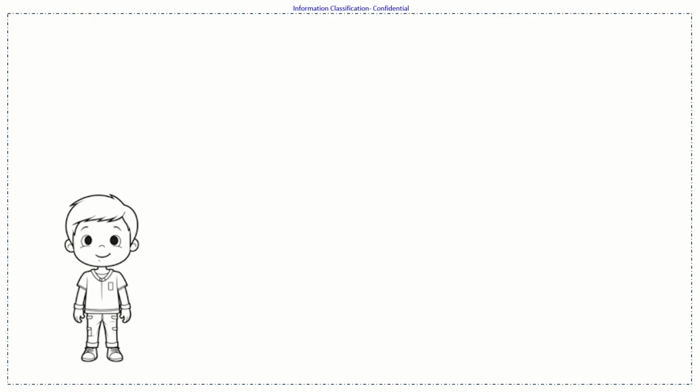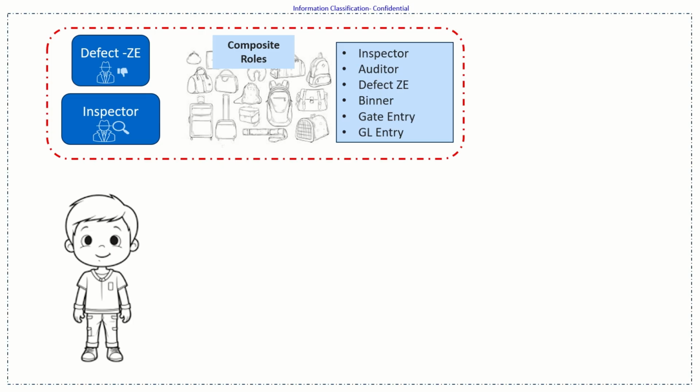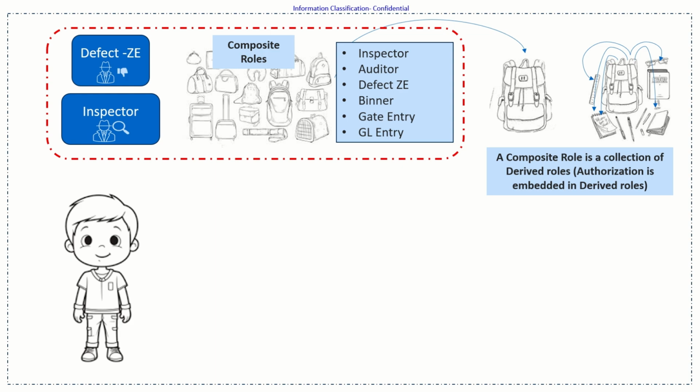So to conclude, composite roles like inspector, auditor, defect ZE, binner, gate entry, GL entry act as job role. A composite role is a collection of derived roles and authorization is embedded inside it.